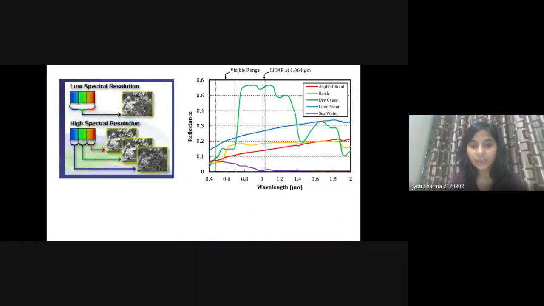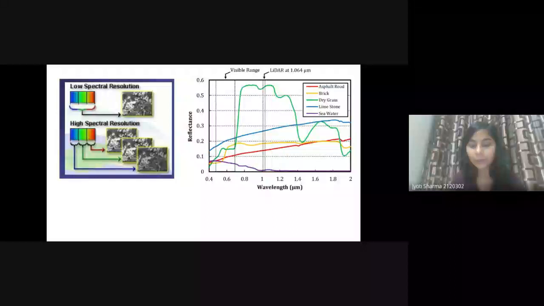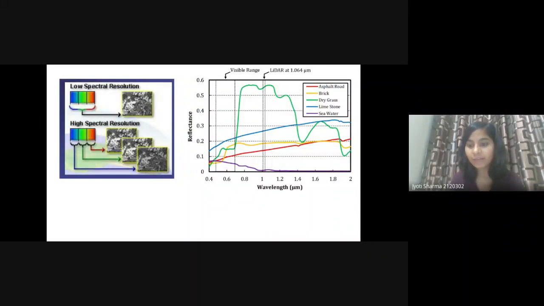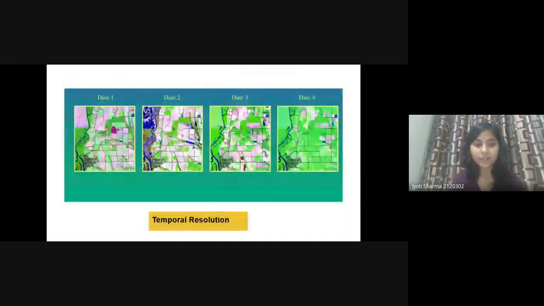You can differentiate it from 0.8 to, let's say, 1, because the reflectance curve is different for different types of objects. So our sensor should be like this: it can sense different kinds of wavelength as different bands, so we can get the information very efficiently. So this is the spectral resolution.